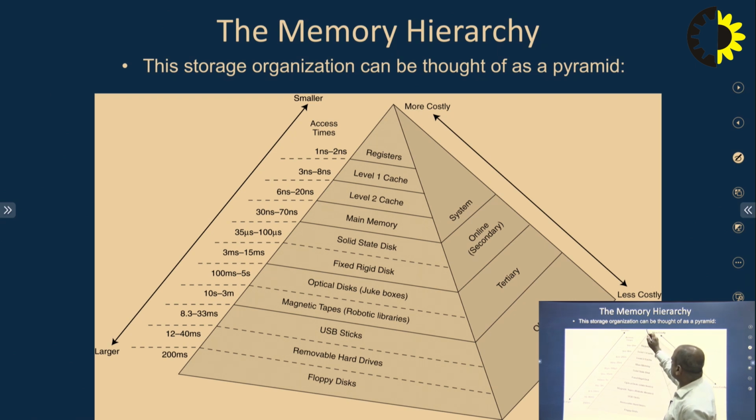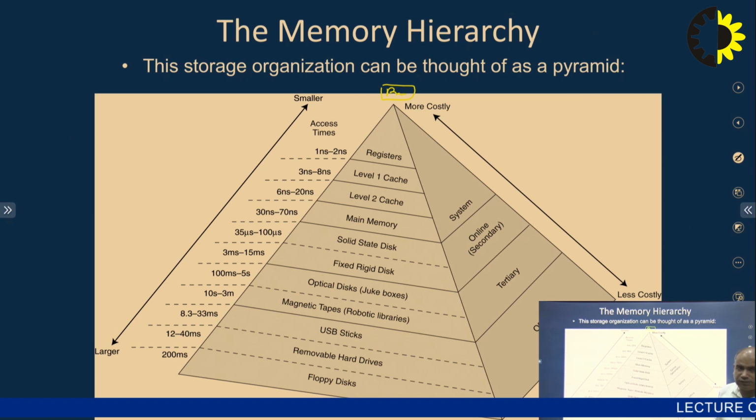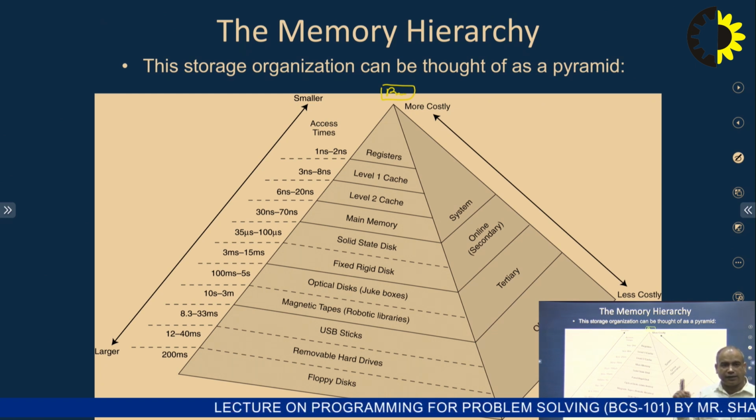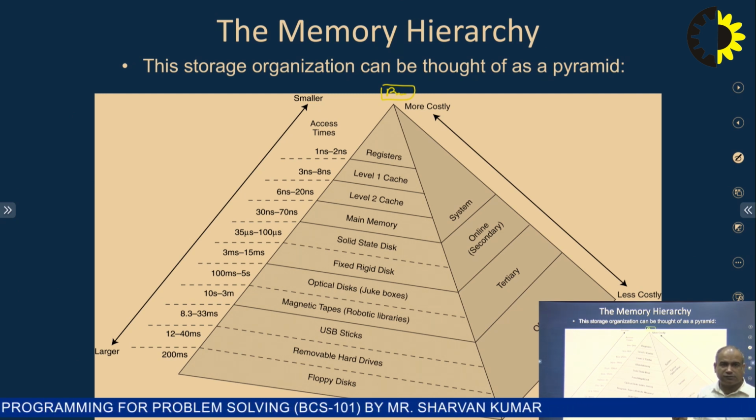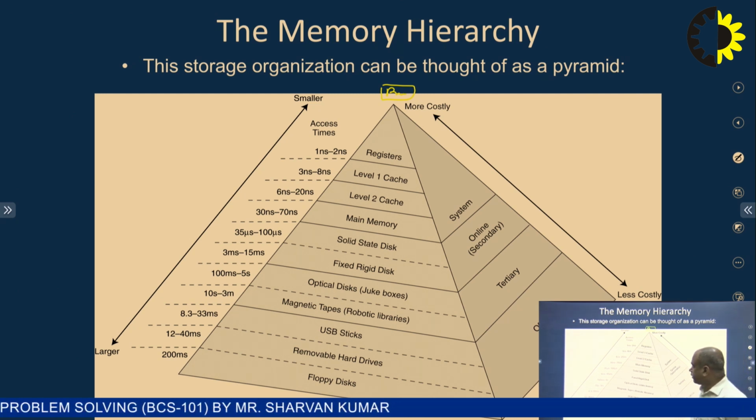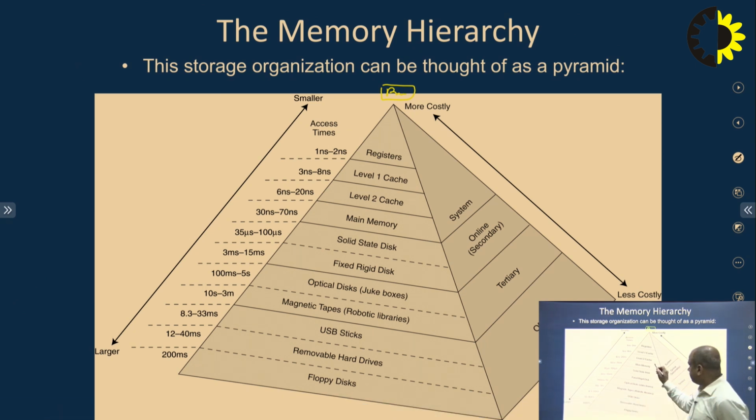Near the processor there is the CPU register, which I discussed in the CPU. Next are the L1 and L2 cache, which are either embedded on the motherboard or fixed with the processor. The next type of memory is main memory, which is RAM.